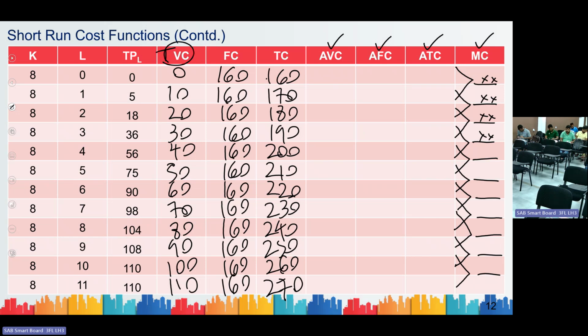AVC, AFC, and ATC values, you have to write straight. But marginal cost values should be in between two levels of production.